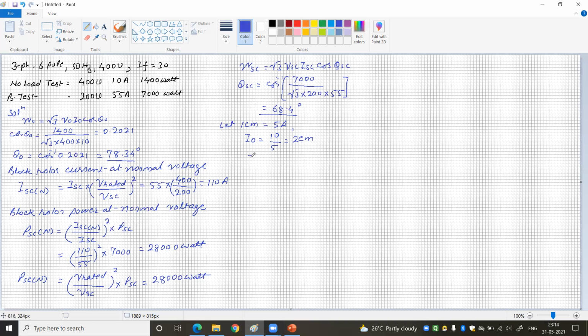Whereas short circuit current at normal voltage, whose value is 110, divided by 5, so it is 22 centimeter. Is it correct? So this is the selected current scale.